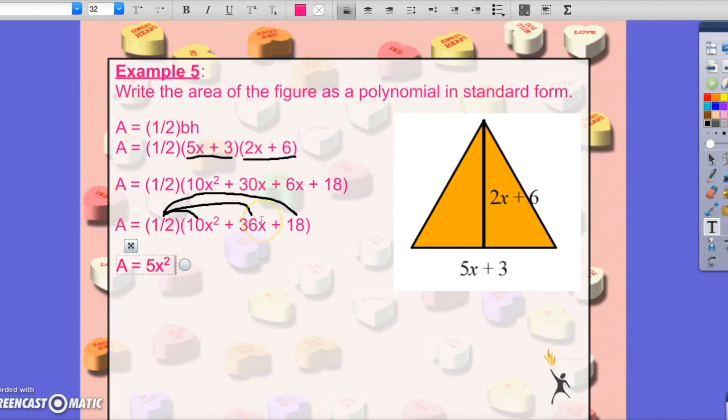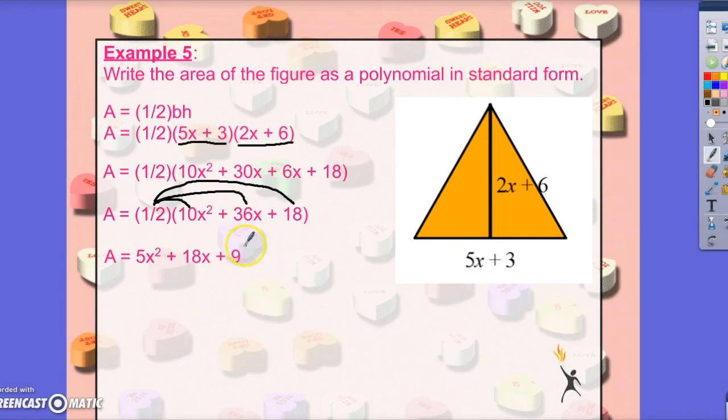One half times 36 is plus 18x. One half times 18 is positive 9. And then that's my final answer. This is the polynomial written in standard form. Standard form just means we multiply everything out.